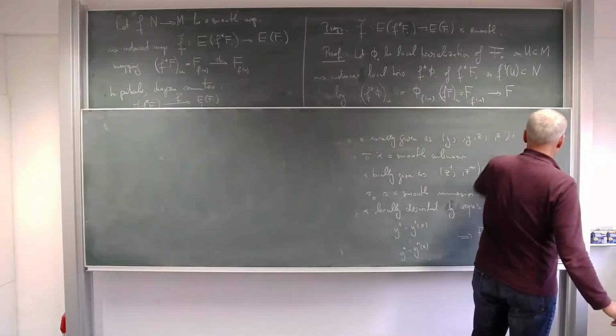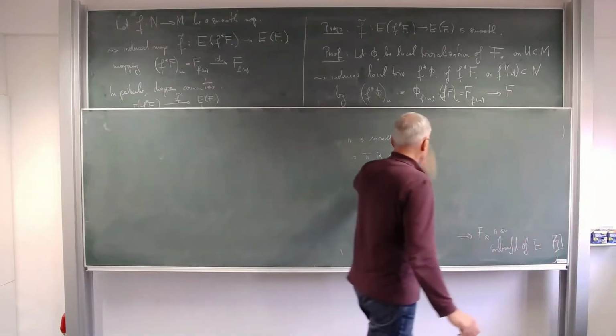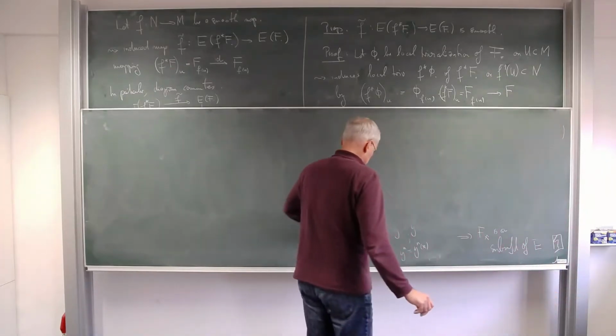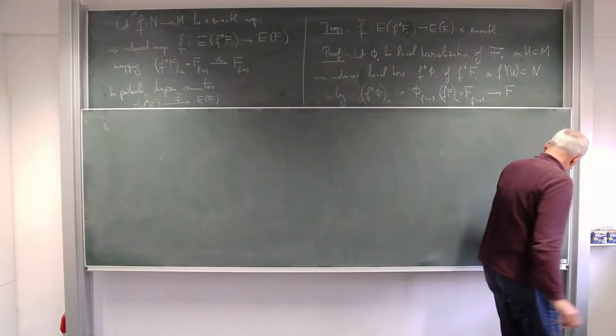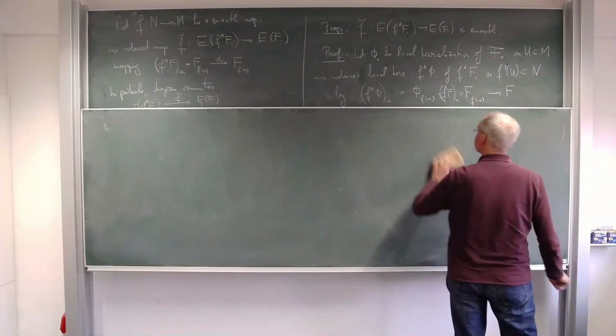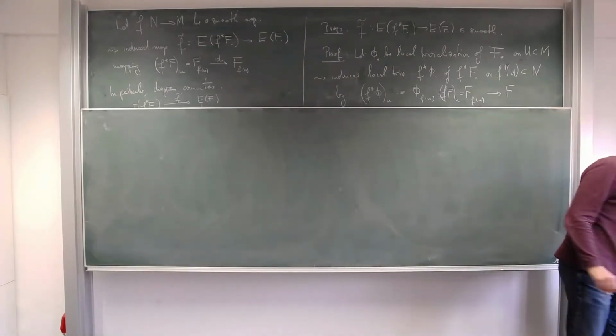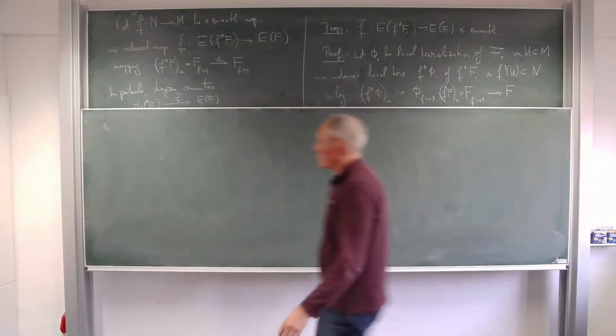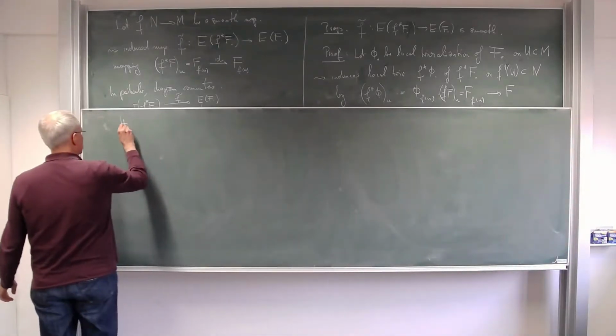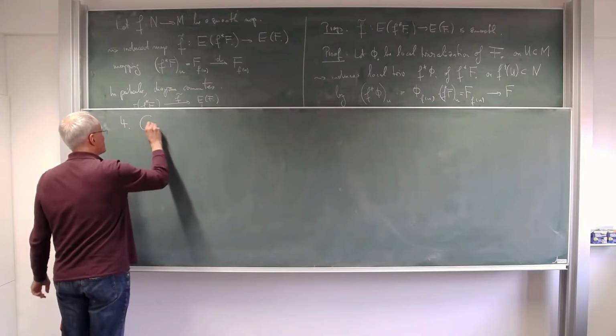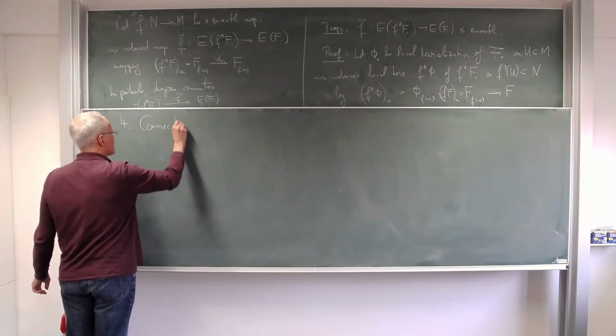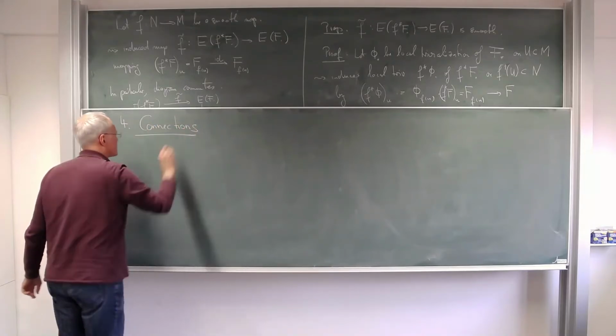Also, connections are needed in order to differentiate sections of bundles. So the fourth section in the chapter on preliminaries is on connections. That's what we want to discuss today.